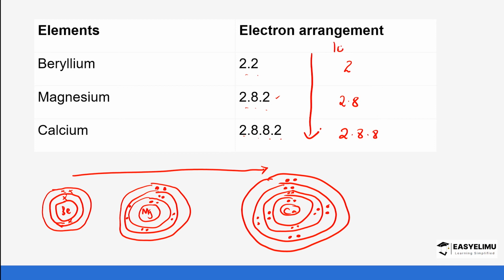So this is the ion configuration. If you look at the sizes of the ions, you notice they are also increasing down the group. Beryllium will have 1 shell, magnesium 2 shells, calcium 3 shells. So there's an extra shell down the group for the ions.